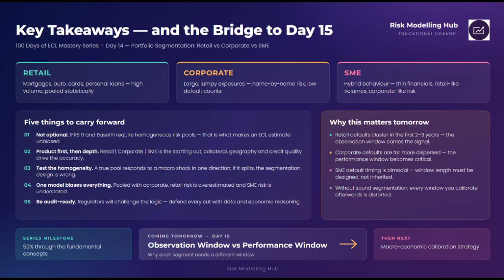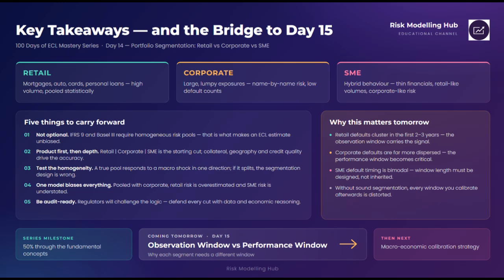Now, five critical principles to carry forward. First, homogeneous pools aren't optional. IFRS 9 requires them for unbiased ECL. Second, we segment by product first, then layer depth through collateral, geography, and credit quality. Third, validate the homogeneity by testing the macro shock response.